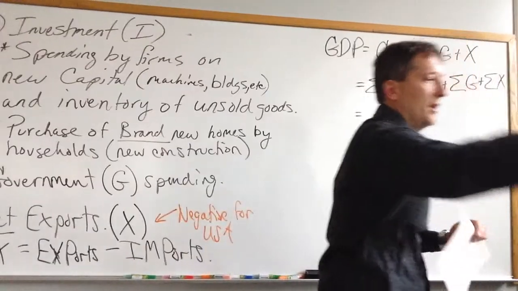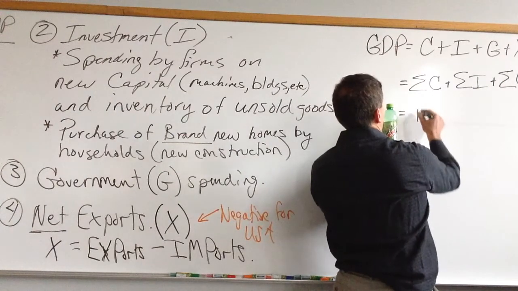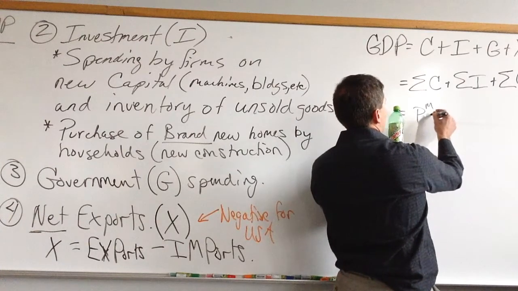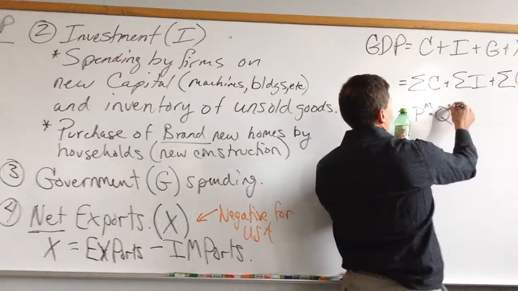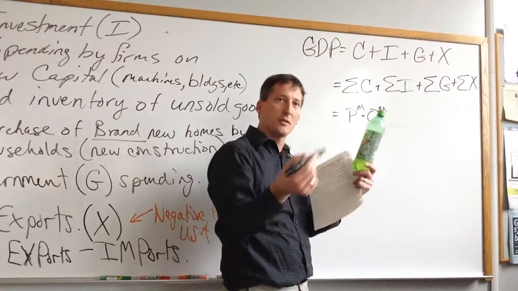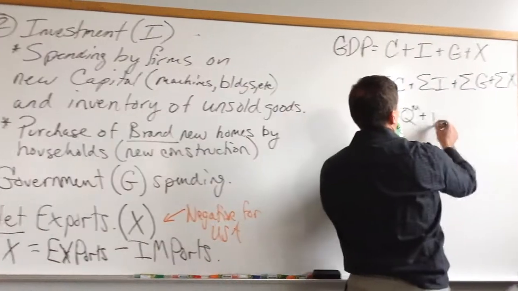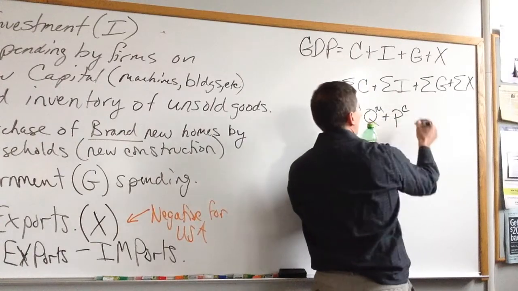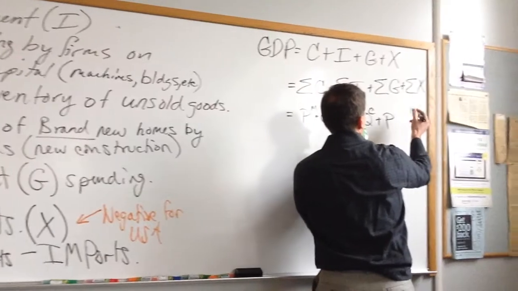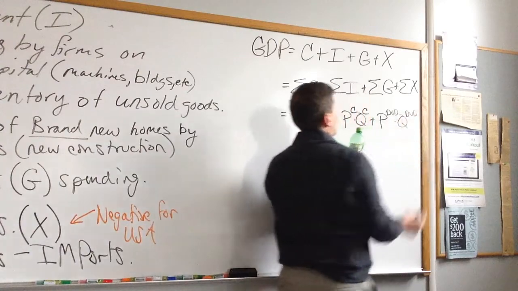So we could say, well, Russ bought a Mountain Dew, so the price of a Mountain Dew times the quantity of Mountain Dews that Russ bought, that's Russ's spending on consumption of Mountain Dew, plus the price of a chicken wing times the quantity of chicken wings, plus the price of a Redbox DVD times the quantity of DVDs that were purchased.